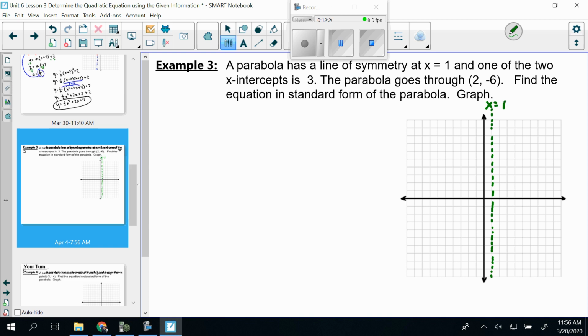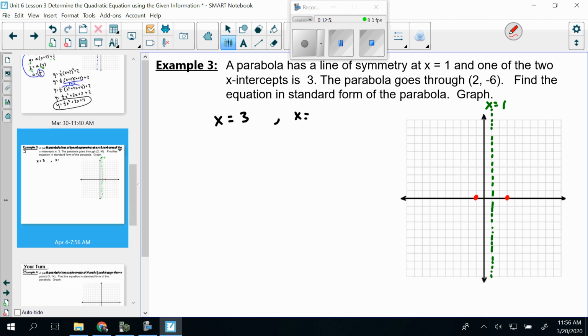So we got that. One of the two x-intercepts is 3. So that means over on the graph here, we got a point right there at 3. But in reality, that also tells us the second x-intercept. If we know we have one x-intercept here at 3, we should also be able to find the second one because we know the line of symmetry is here. This point's 2 spaces away from this.